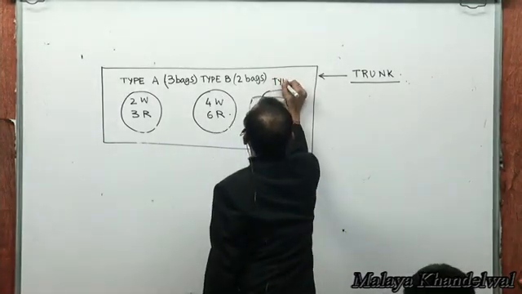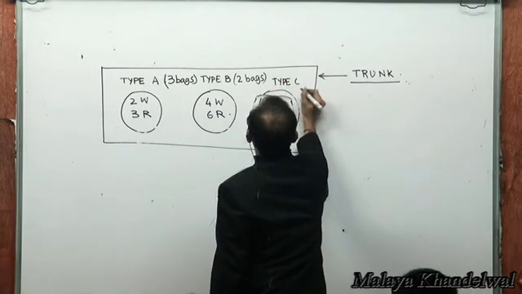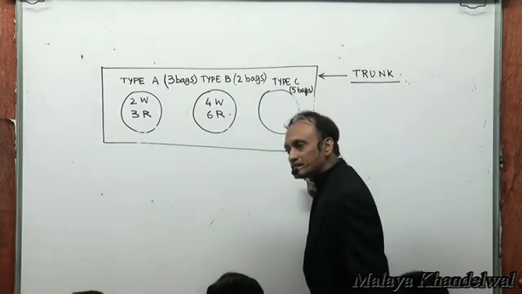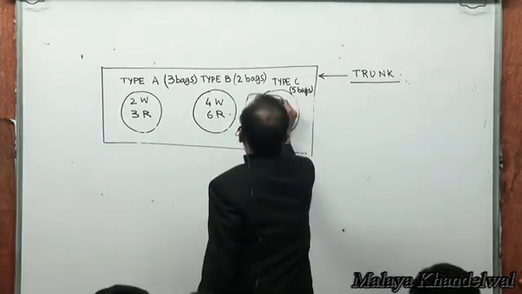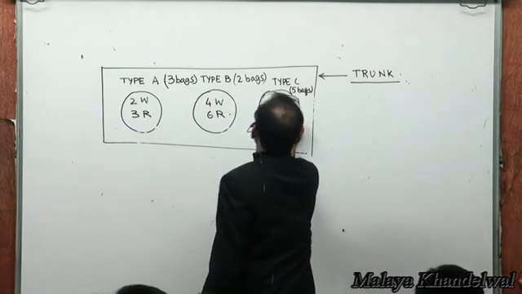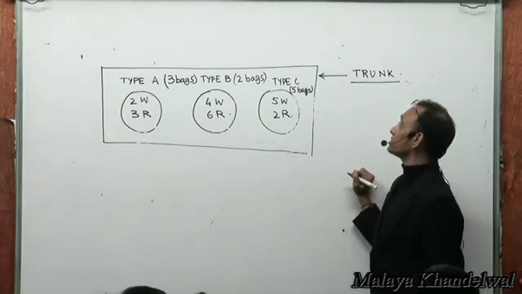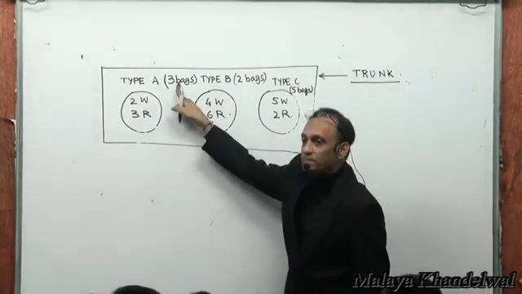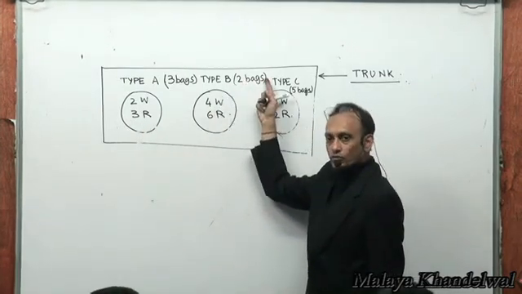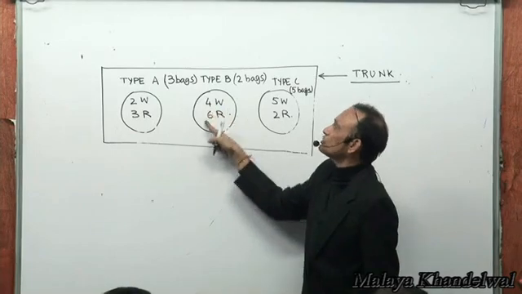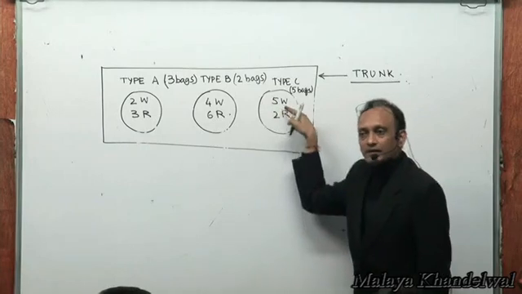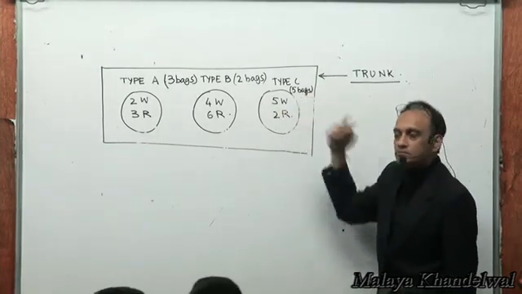And then there is type C. Say there are 5 bags of type C, and there are, say, 5 white balls and 2 red balls here. So type A, there are 3 bags, and this is the constitution of all bags of type A. Type B, there are two bags, and this is the constitution of type B bags. Similarly, type C bags, this is the constitution, and they are 5 in number. Okay.